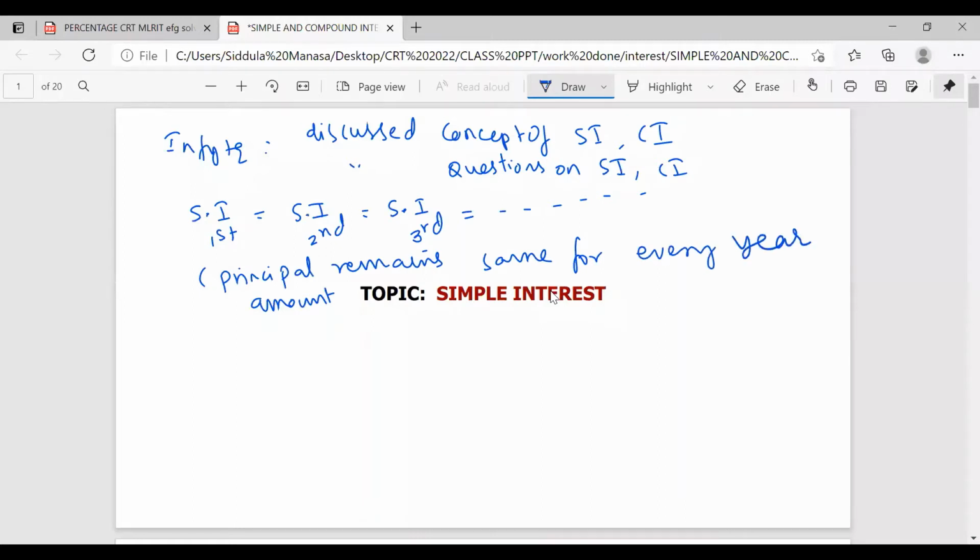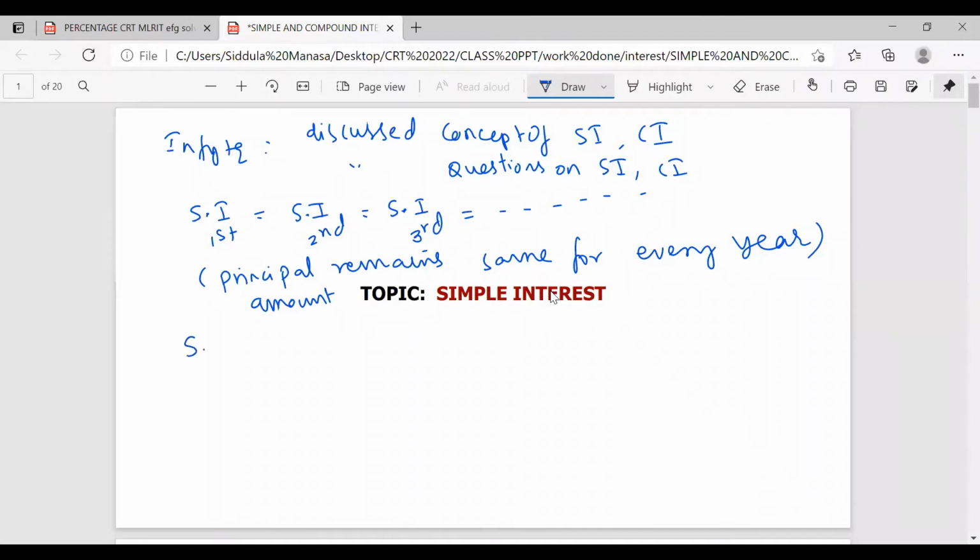Because interest is calculated with r percentage on the principal only. The principal is not changing, so you're going to get the same amount of interest every year, right?